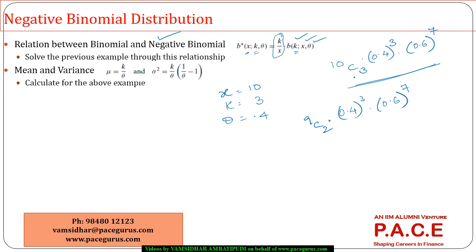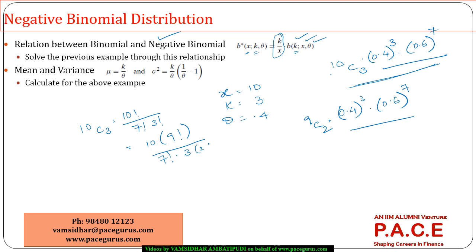Now if you look at the difference between the two, these two parts you can leave as they are. 10C3 is nothing but 10 factorial divided by 7 factorial into 3 factorial. Otherwise you can write it as 10 into 9 factorial divided by 7 factorial, 3 into 2 factorial.